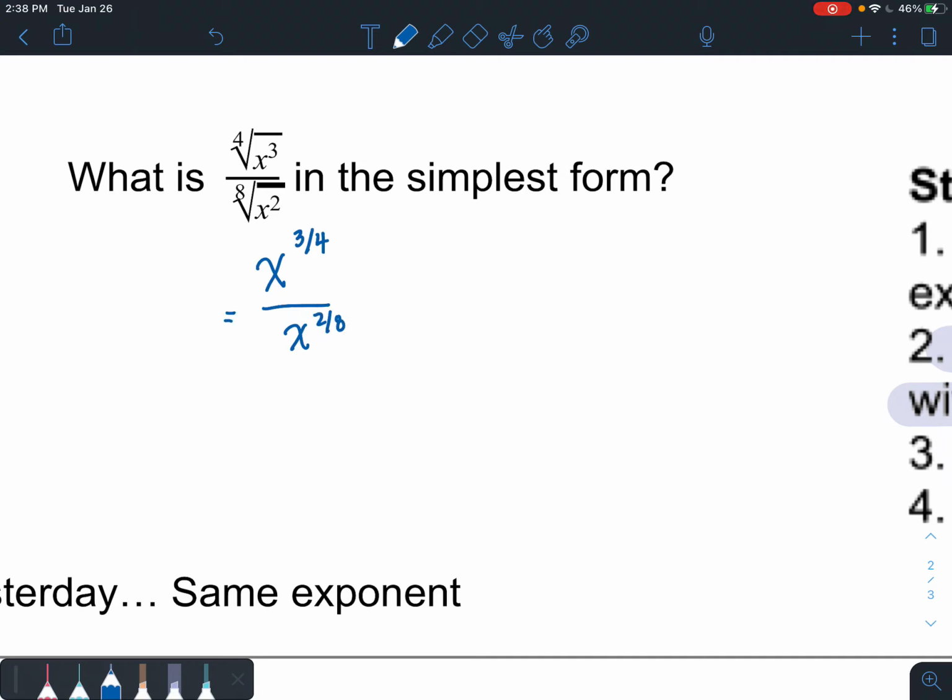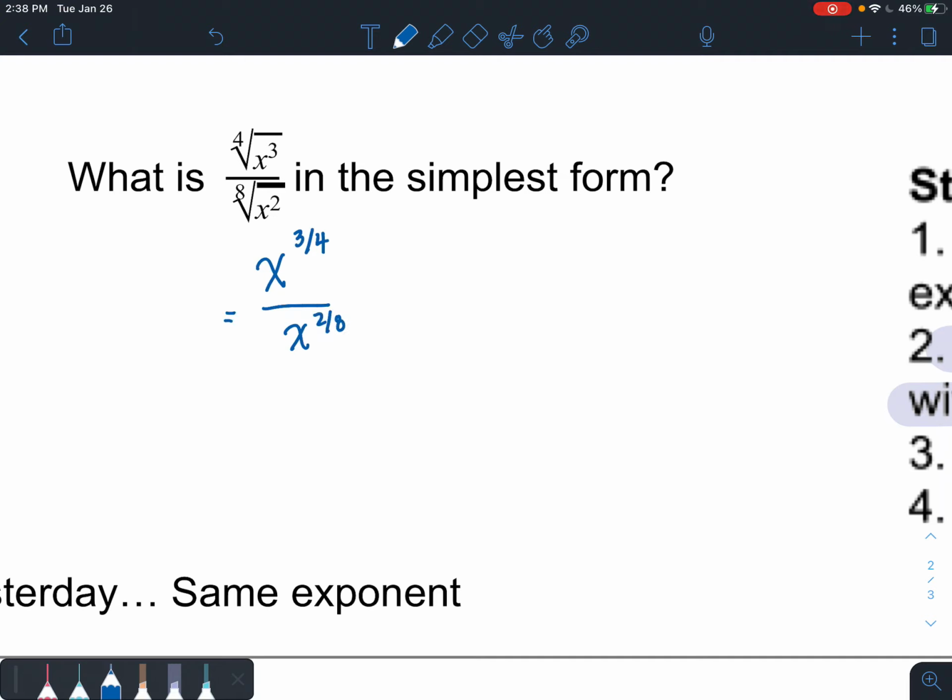And then when we have these, we can subtract the exponents. So we're going to do 3/4 minus 1/4. And we subtract straight across, but keep the same denominator. So we get 2 over 4, which is the same thing as 1/2. So this ends up being x to the 1/2.